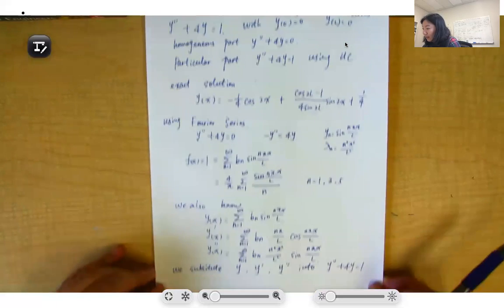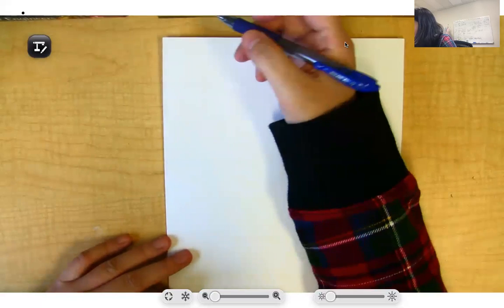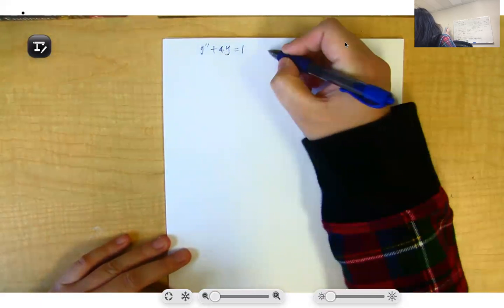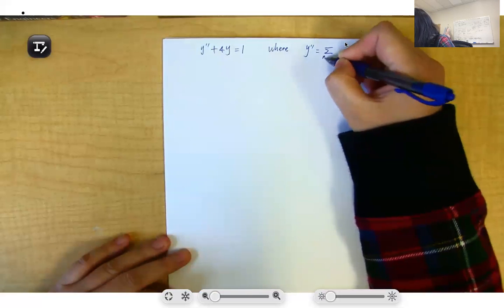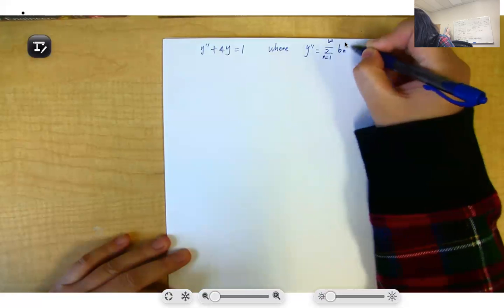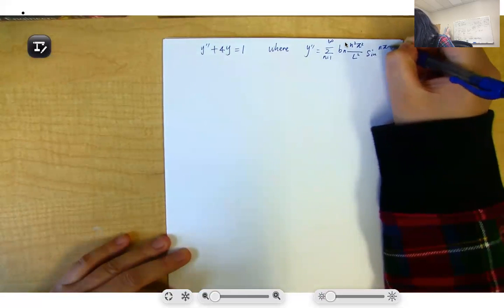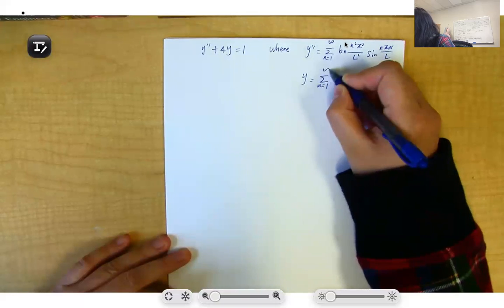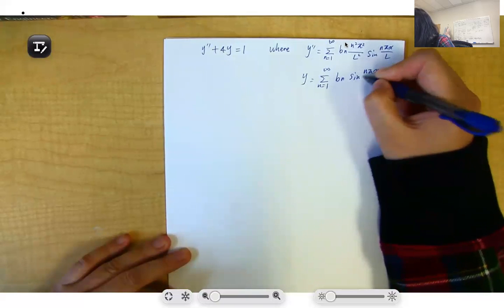So let's try to solve this problem. y double prime plus 4y equals 1, where y double prime equals the sum from n equals 1 to infinity of b_n n squared pi squared over L squared sine n pi x over L, and y equals the sum from n equals 1 to infinity of b_n sine n pi x over L.